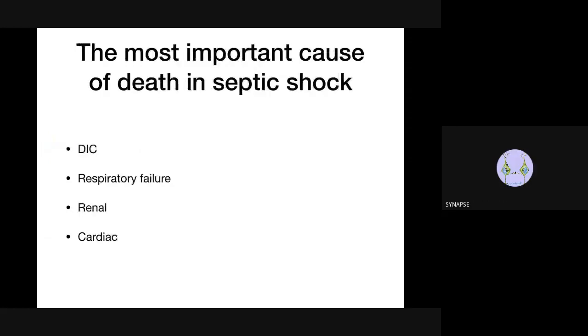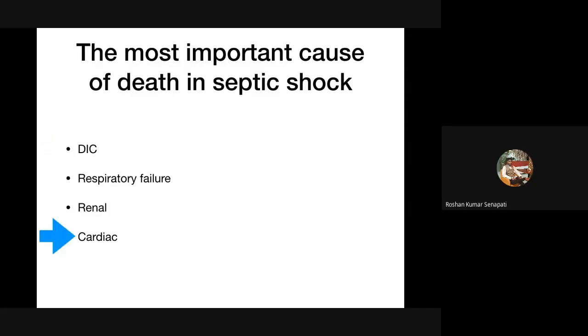Now, the most important cause of death in septic shock is. If you listen to the class properly, the different phases, the warm phase, the cold phase, you will answer this correctly. Cold phase, that is cardiac failure. Very good. The late phase septic shock is called cold septic shock, and it occurs when the endotoxin affects the heart.